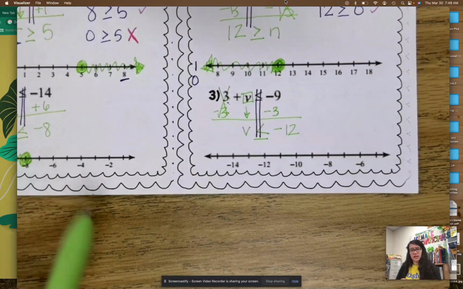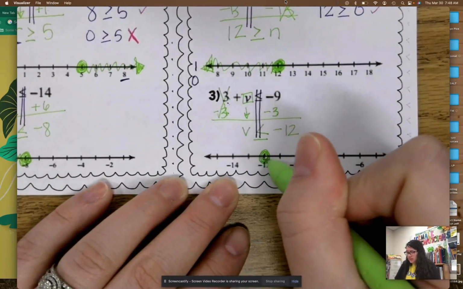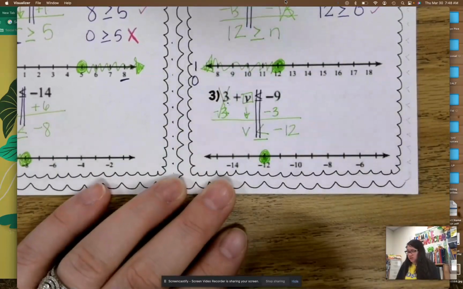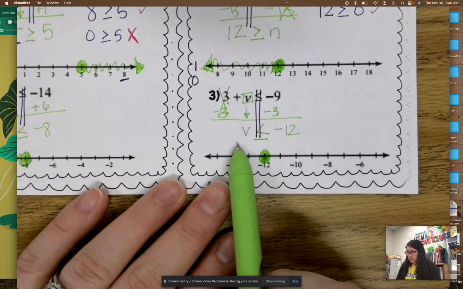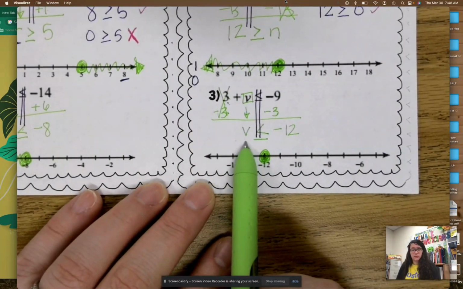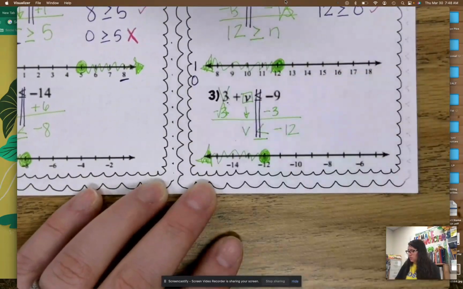Open or close circle on that negative 12? Closed circle. Why is it closed? It's got the line underneath. Most of those had the line underneath, so most of those are closed. And then do I want numbers that are bigger than negative 12 or smaller than negative 12? Smaller than negative 12.